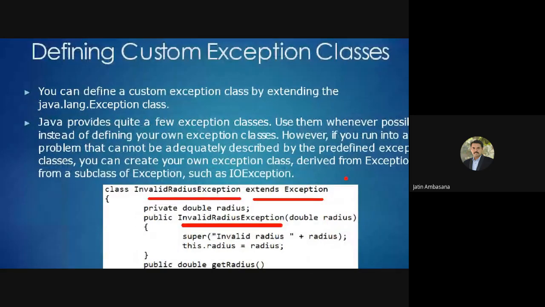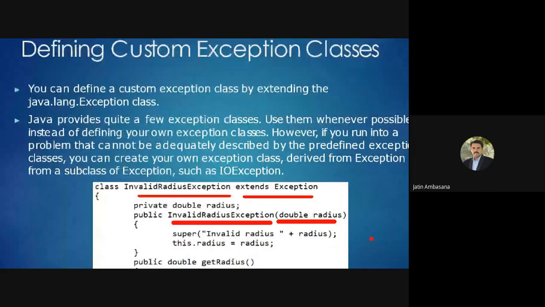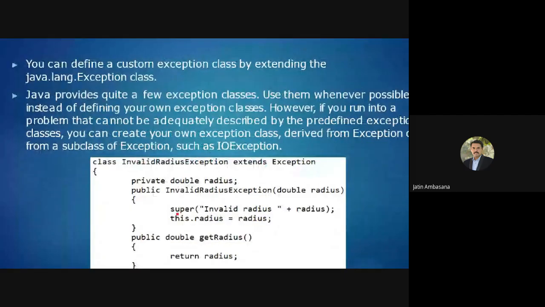Inside its constructor, we are passing the radius, and you are invoking the super constructor of the Exception class, and then you are passing your own message saying invalid radius.